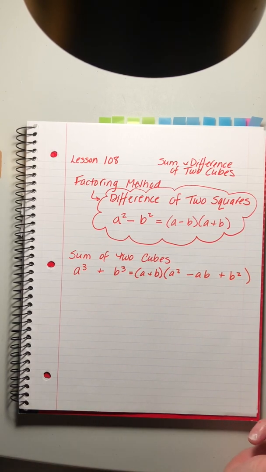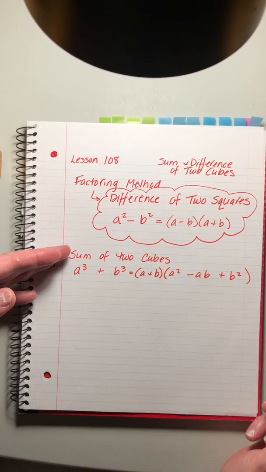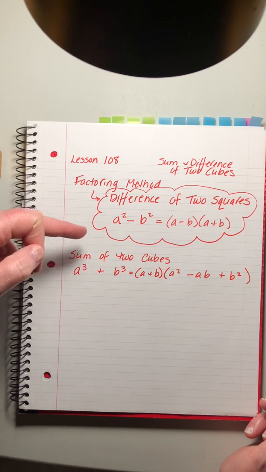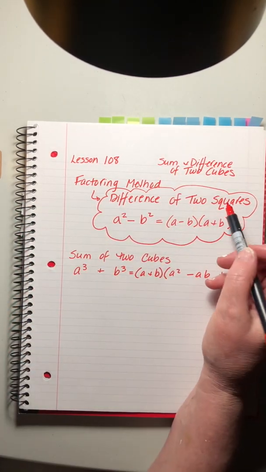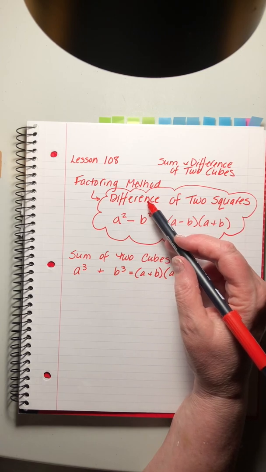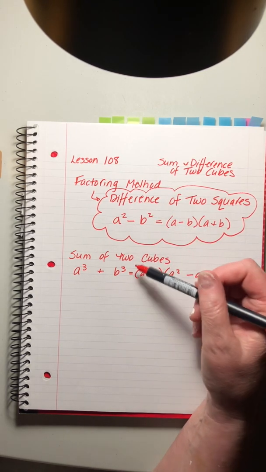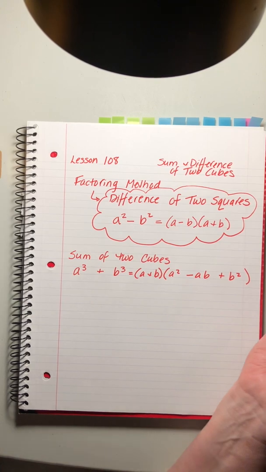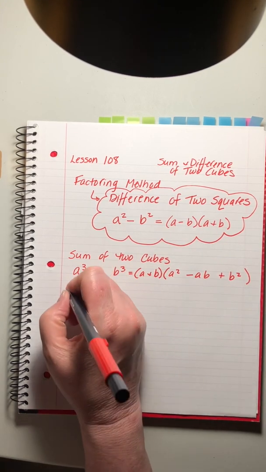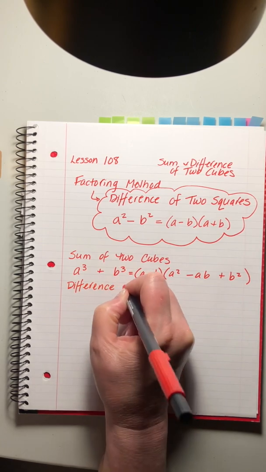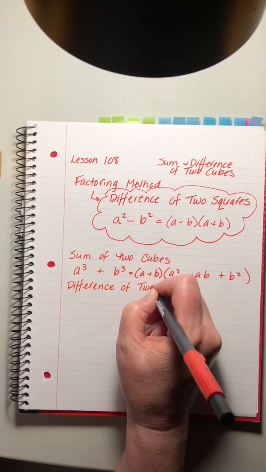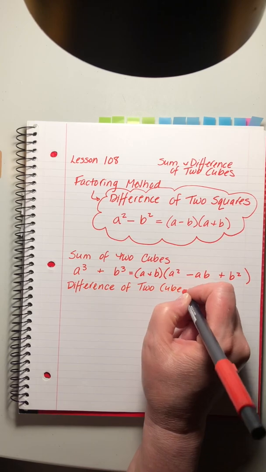All right, that looks kind of long and complicated. I'm going to show you the difference of two cubes, because in cubes you get one of each. In squares, we only do difference. We don't do sum. It doesn't work out for the sum. But when we're cubing, then we get to do both. Okay, so here's the difference of two cubes.